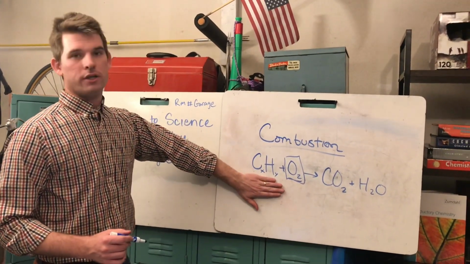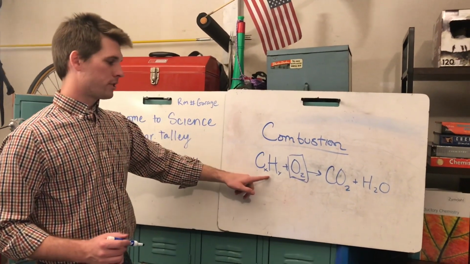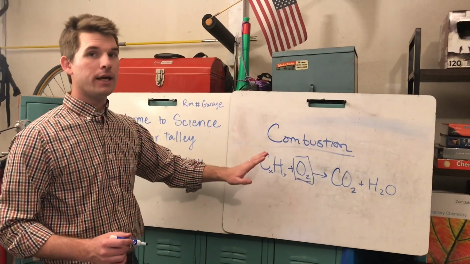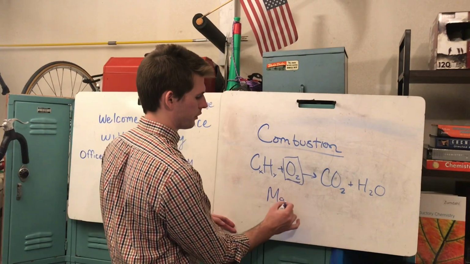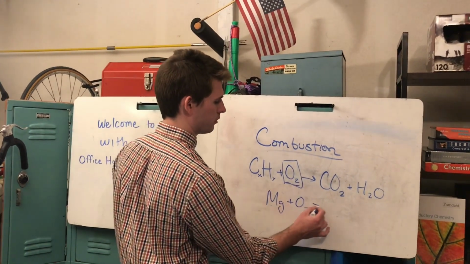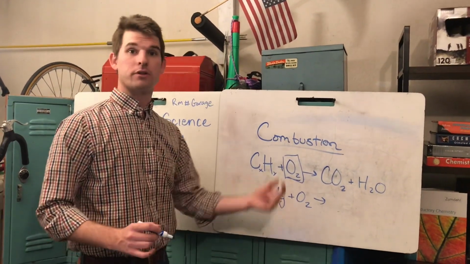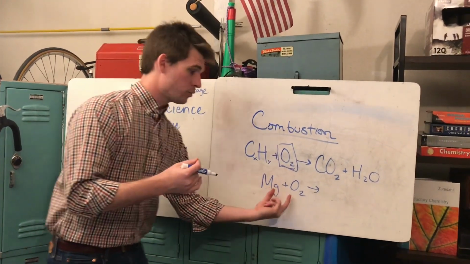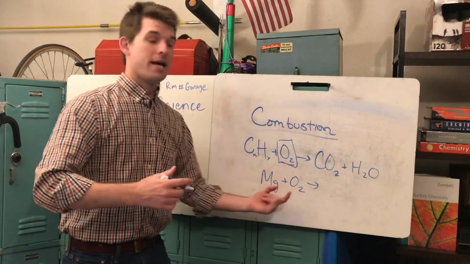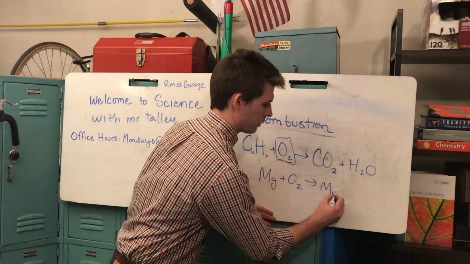For the most part, I'm always going to give you a hydrocarbon as the other reactant, but it can be something like something we did earlier, Mg plus O2 is going to react. And we did this in the lab, remember? We took the magnesium ribbon, we lit it on fire in the Bunsen burner. That's because we were combining it with oxygen, and it produced MgO.